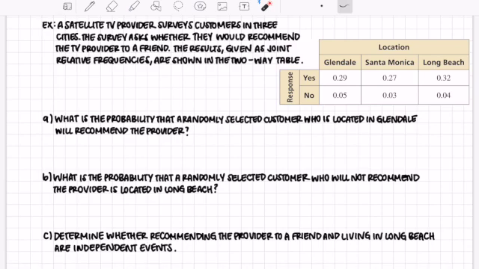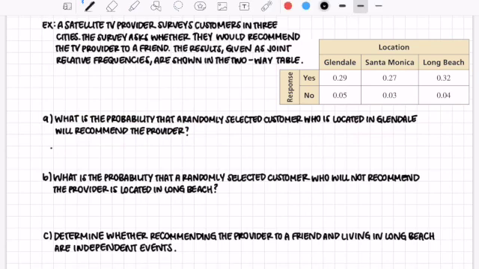So the question here was asking, what is the probability that a randomly selected customer who is located in Glendale would recommend the TV provider? So it's important to understand what your overall outcome is. I'm looking at specifically Glendale, right? That would be the overall outcome, and specifically from Glendale, who would recommend this TV provider?